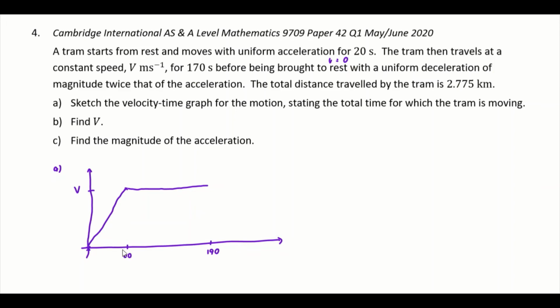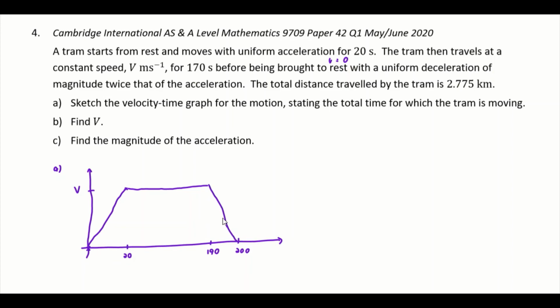So if this takes 20 seconds, and the magnitude is twice, it will use half of the time, so this is going to be 10, making the total 200. Then this line is going to be like this. You must show that this line is much steeper than this one, because this is 20 seconds, then this is 10.